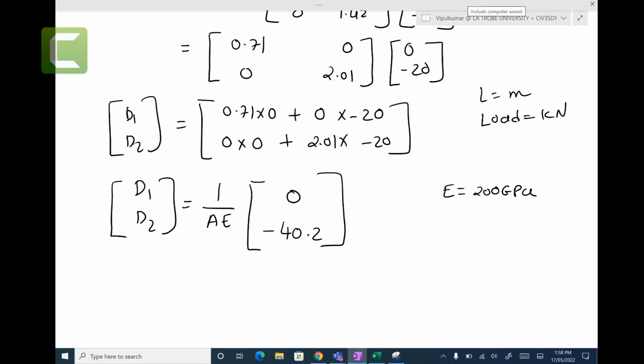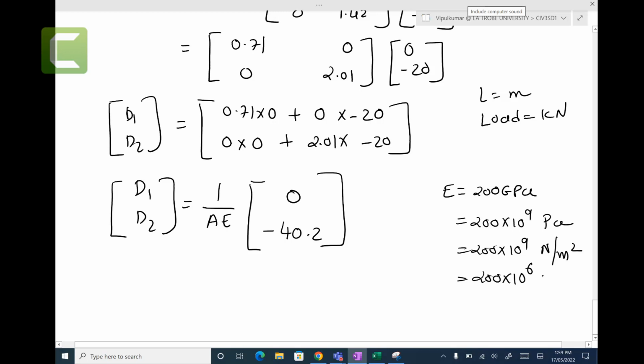So gigapascals, we can say that 200 times 10 to the power 9 pascals, which is 200 times 10 to the power 9 newton per meter square. Convert into kilonewtons, divide by 10 to the power 3, so 10 to the power 6 kilonewton per meter square. Do you agree with me?